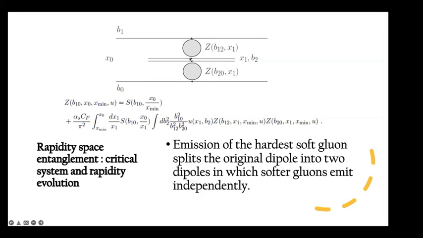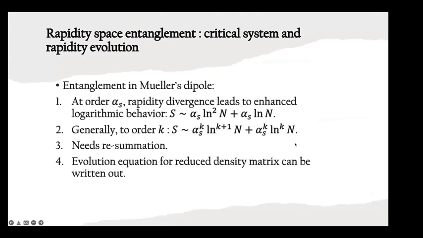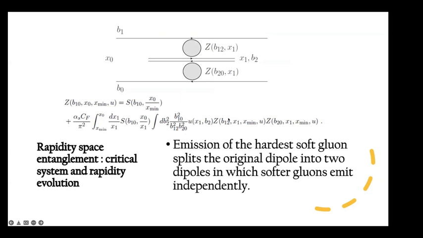And before emitting this first soft gluon, there are some virtual contributions which are resummed by the soft factors between the momentum cutoff, between the rapidity region x0 to x1. So this is some standard material in this field.